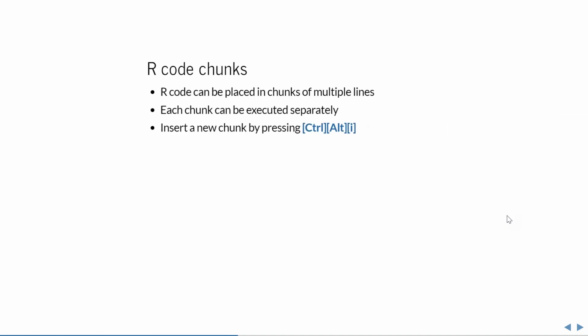Now, a more powerful tool is what are called R code chunks. The idea here is that you can put in chunks of multiple lines, so you can put in several lines of R code, and each chunk can be executed separately in your document. I'm going to show you how this works. To insert a chunk, you can use a menu command, or you can just press Control-Alt-I for insert.